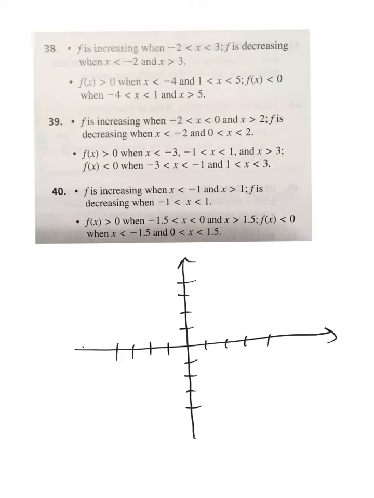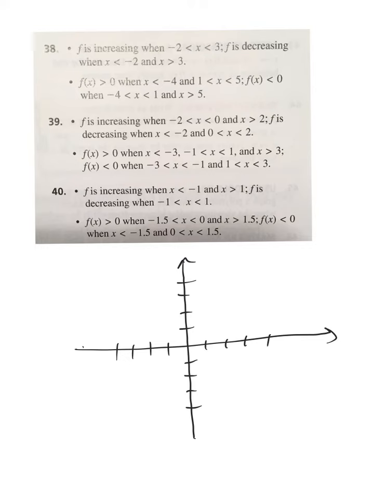So let's go ahead and get our little black arrows going. You might want to use a different color. Well, actually, you're not going to be doing these by hand. So f is increasing. This means, again, when we have this notation, it's between -2 and 3. So here's -2, and 3 is over here. And we know that from -2 to 3, we're going to get some kind of an increase.